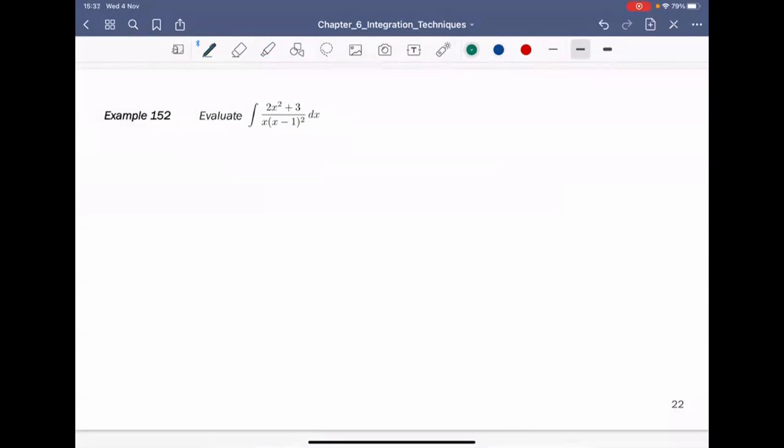All right, for this question, you can see that we have the denominator here. This is already good for setting up the decomposition. So we're going to set up 2x squared plus 3 over x times x minus 1 squared to be a over x plus b over x minus 1 plus c over x minus 1 squared.